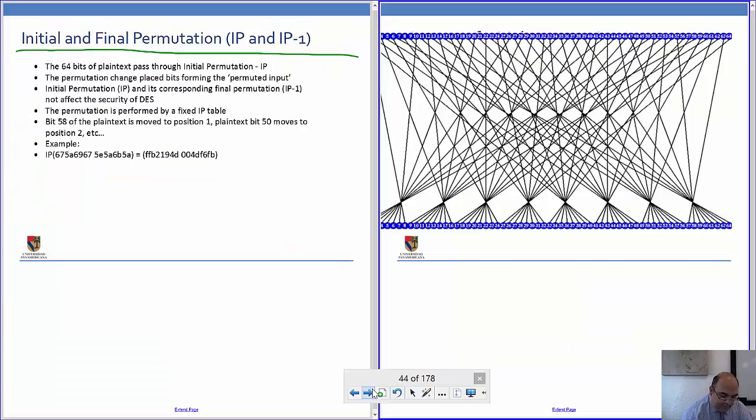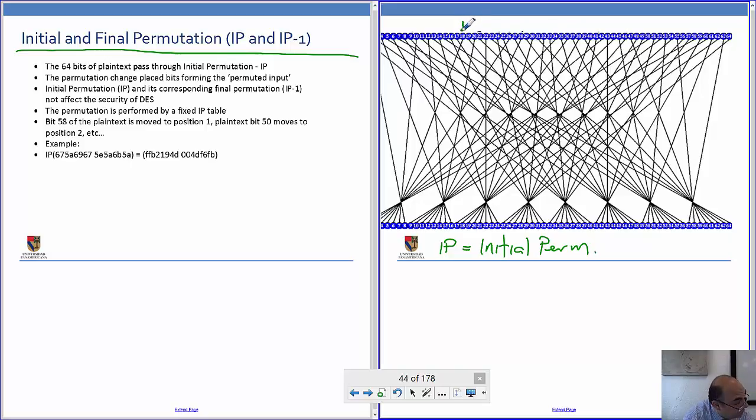This thing on your right side is the graphical representation of IP, the initial permutation. This is equal to the initial permutation. Look, well, I think you cannot see, but let's take one. For example, this bit.